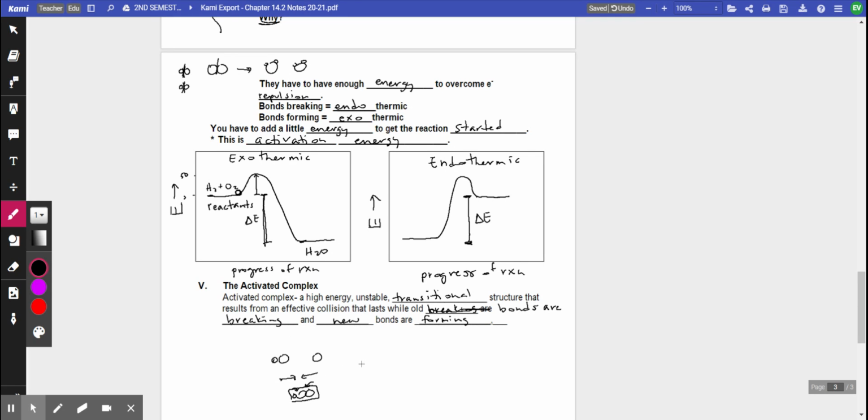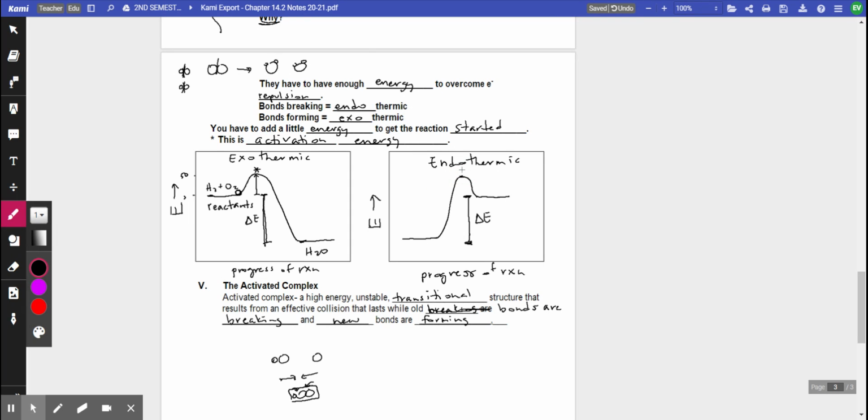Another thing that could happen if it was right at the top of this hill, for example, this is my activated complex. It's the highest energy point. And at this point, it has enough energy. It can react, but it can also go back the opposite way and unreact. So the activated complex is the highest energy point, and actually we show it with an asterisk. So let me erase this guy.